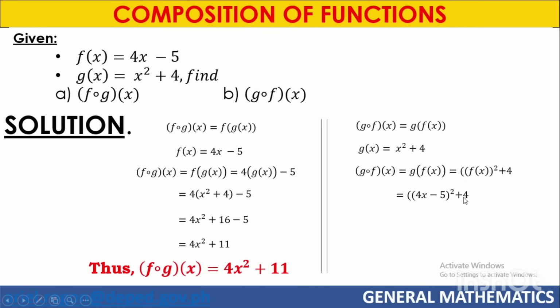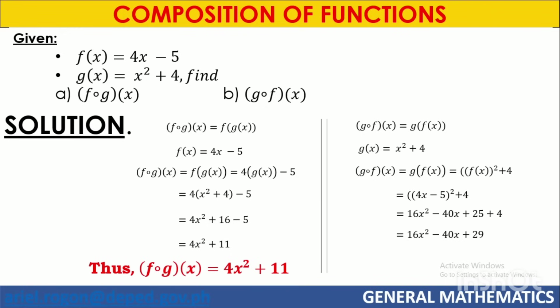So using the square of the binomial, the result will be 16x squared minus 40x plus 25 plus 4. And then simplify.